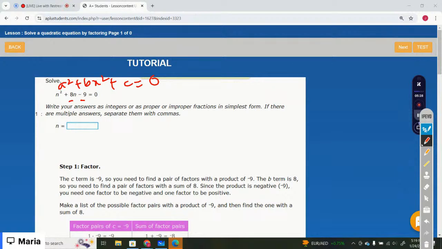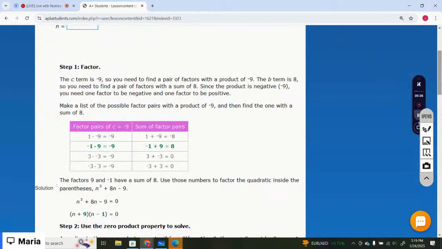So the product is negative 9. That means either of the numbers is negative. So let's find numbers that when multiplied make negative 9 and when added make 8. Negative 1 times 9 is negative 9, and negative 1 plus 9 makes 8.